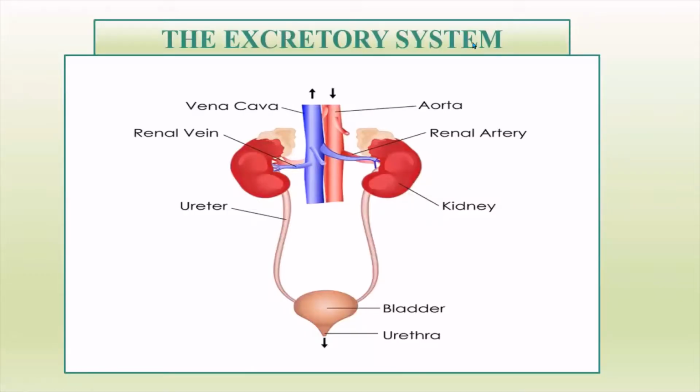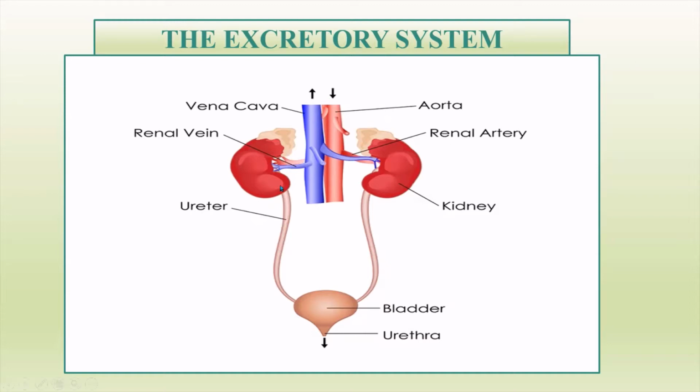So this is a diagram of the excretory system, which is the system of the body involved in excretion. This is one of the vena cavas, this is one of the aortas, this is the renal vein, and this is the renal artery. By the way, renal vein and renal artery are the names of a vein and an artery.